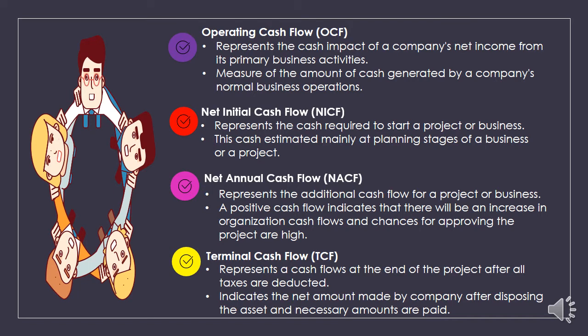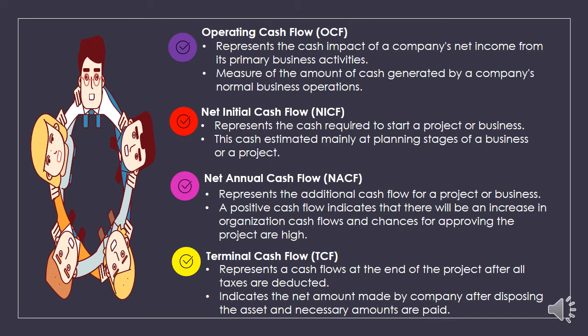The second term is net initial cash flow, or NICF. NICF represents the cash required to start a project or business. This cash is estimated mainly at the planning stages of a business or a project. So NICF represents the cost related to constructing or coming up with a project or business activity of the company.